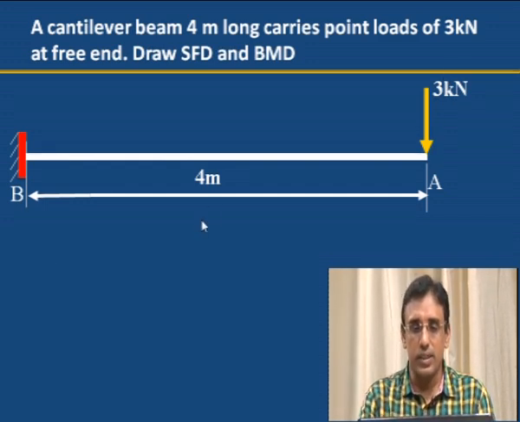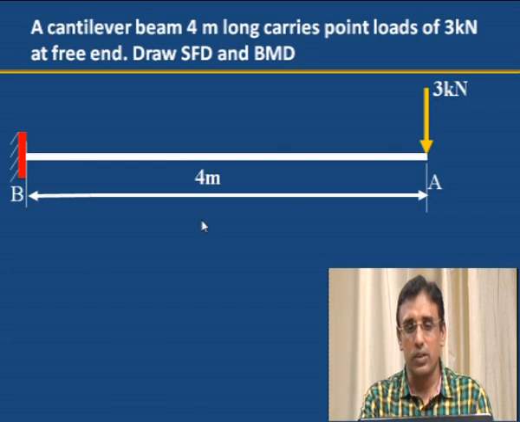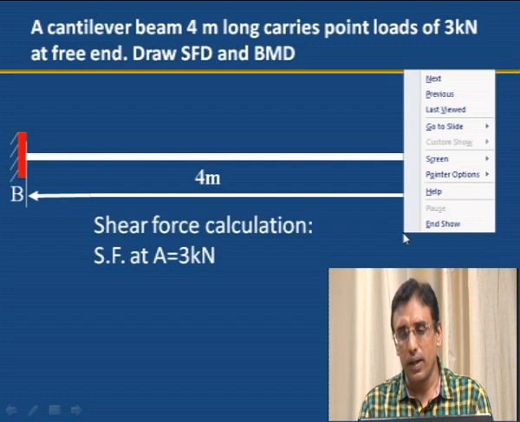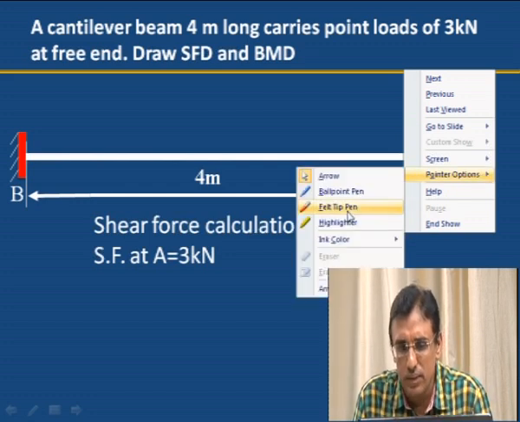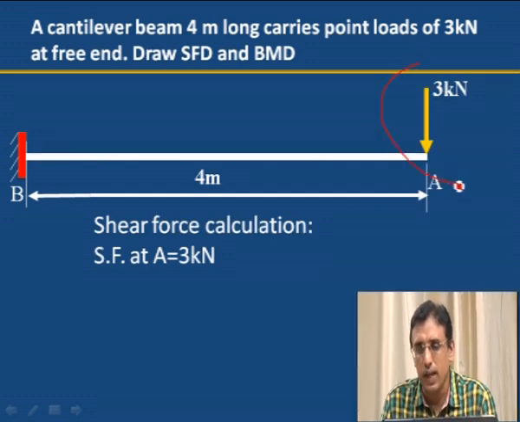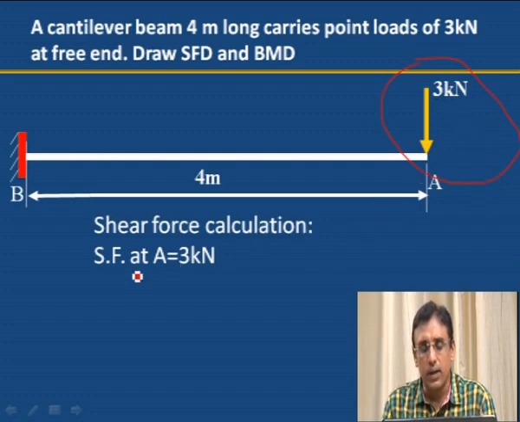After drawing the sketch, to calculate the shear force, first the shear force at A. Here at A we can observe 3 kilonewton is acting. That 3 kilonewton is considered as the shear force.